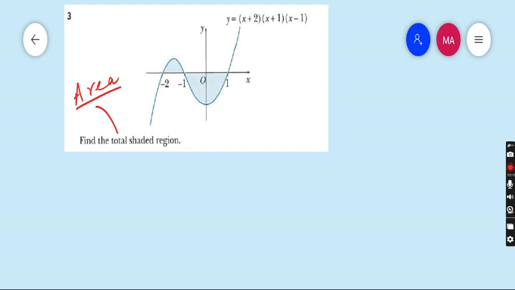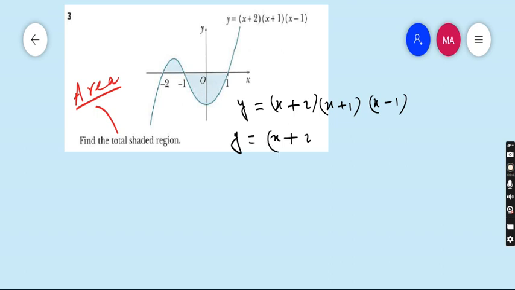First we have to simplify the equation. y is equal to (x plus 2)(x plus 1)(x minus 1). The product (x plus 1)(x minus 1) can be expanded by using the a squared minus b squared formula: (a plus b)(a minus b) is equal to a squared minus b squared.